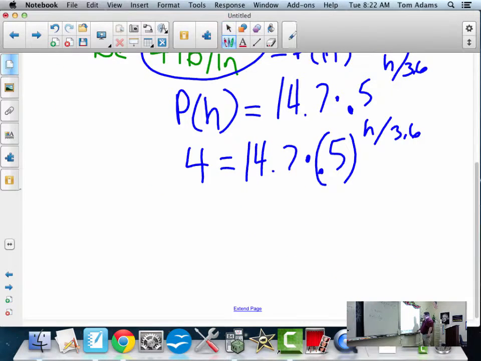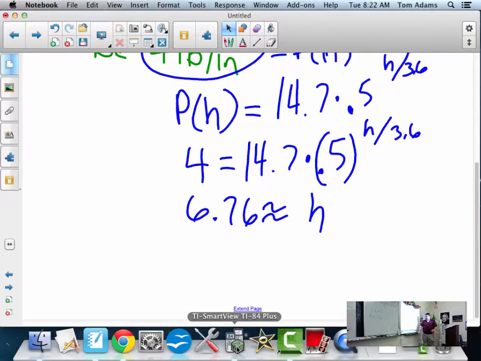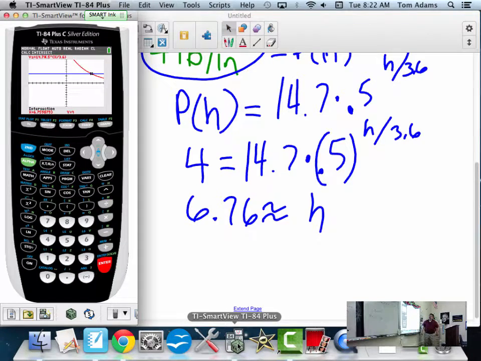So, by using my calculator, it said that 6.76 is approximately what H would be. Of course, on the calculator we set X. Hey, you know what? That's exactly what the book says.